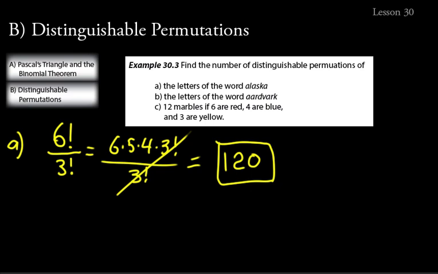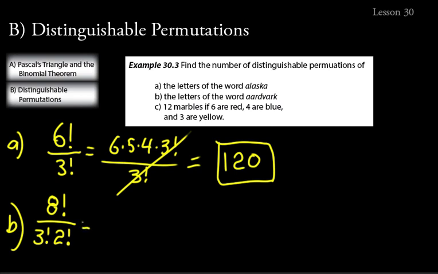In B, aardvark, the number of distinguishable permutations, ones that are really different from each other. So in other words, we're not labeling those A subscript 1, A subscript 2, R subscript 1, and so on. We just see that there are 8 letters, so the numerator is the number of letters, 8 factorial. And then over 3 factorial to remove the effects of the A being repeated, and then 2 factorial to remove the effects of the R being repeated.